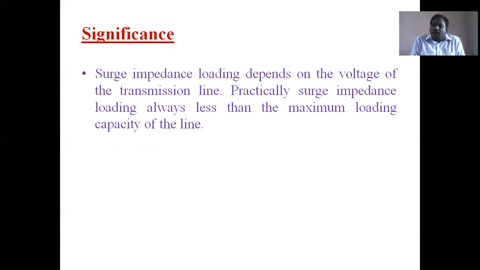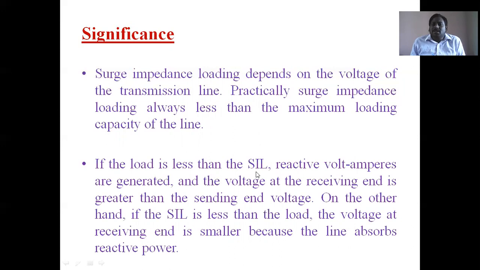But under transient situations, due to any problems in the transmission system, if the load is less than the surge impedance loading, reactive volt amperes are generated, and the receiving end voltage is greater than the sending end voltage. On the other hand, if the load is more than the surge impedance loading, the voltage at the receiving end is smaller, because the line absorbs reactive power. This is the significance of surge impedance loading.